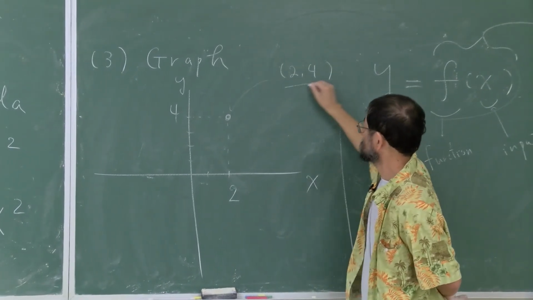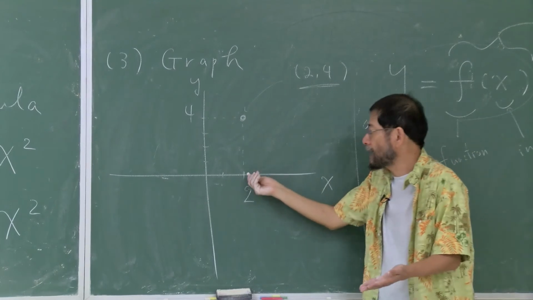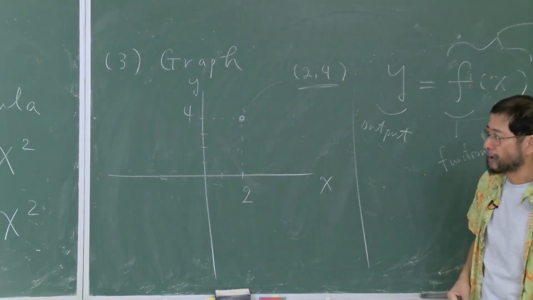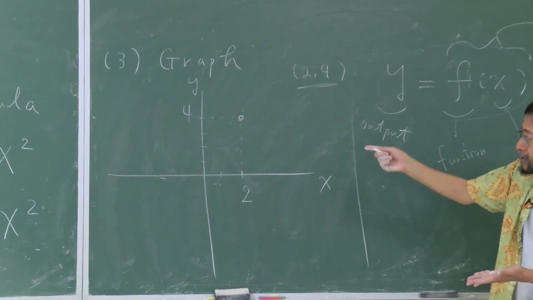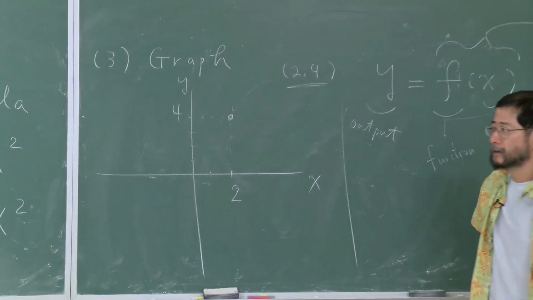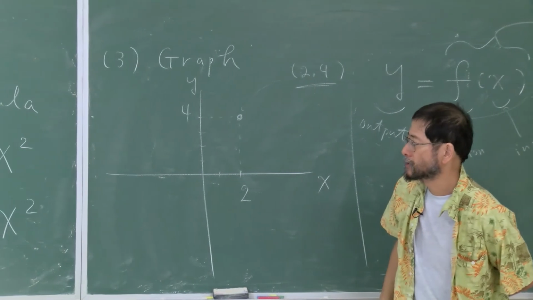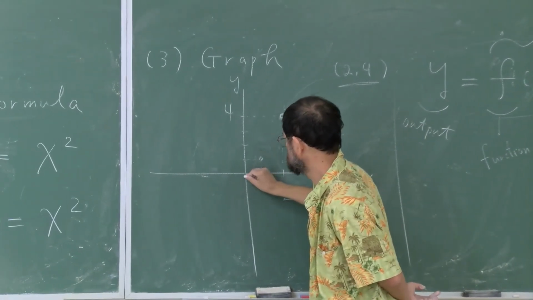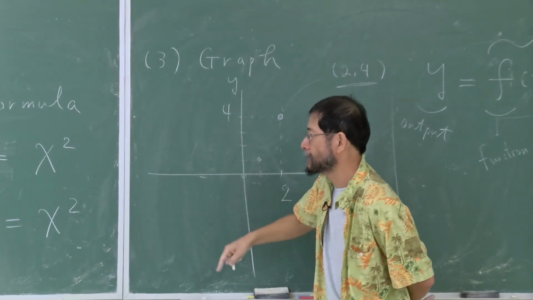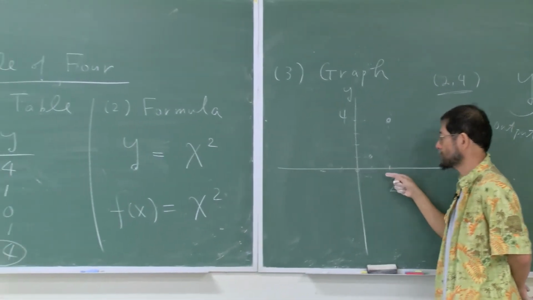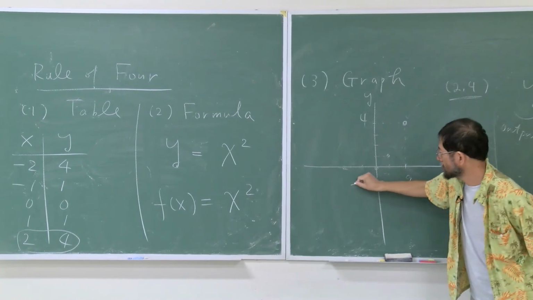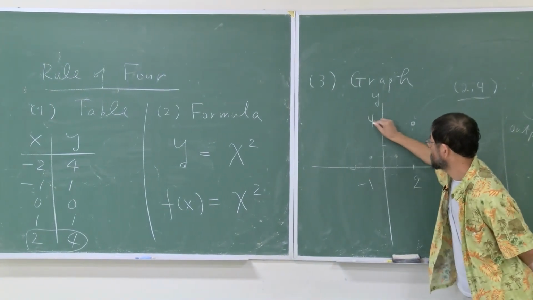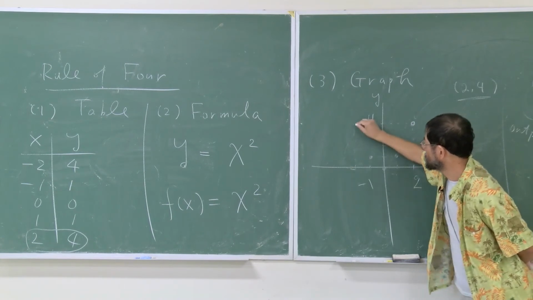This way you can describe the correspondence: input 2 and output 4. Now you do the same thing for the others. For example, (1, 1) is here, then (0, 0) is here. For negative 1, 1, it's negative, so you go this way. And negative 2 and 4 is here.